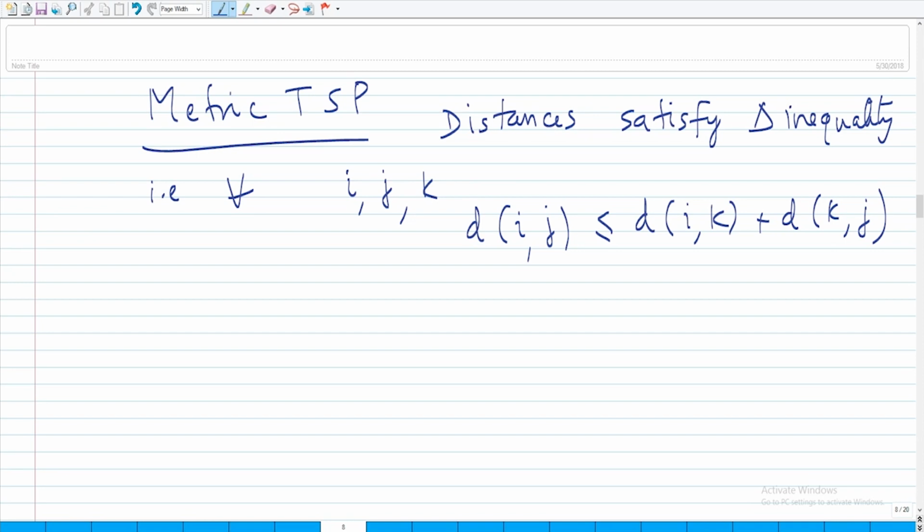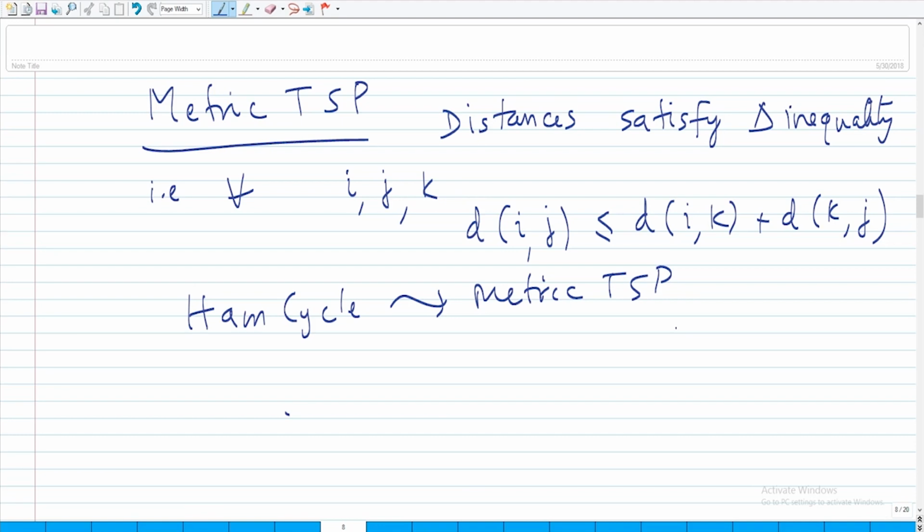Remember the reduction from Hamiltonian cycle to TSP: the distances were basically 1 or 2. If there was an edge in the graph, we gave a distance of 1, if there is no edge, we gave a distance of 2, and we argued that it is if and only if, so that is a polynomial time reduction.